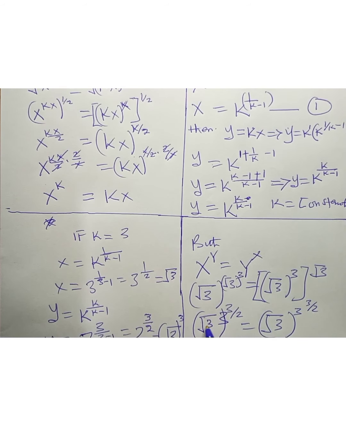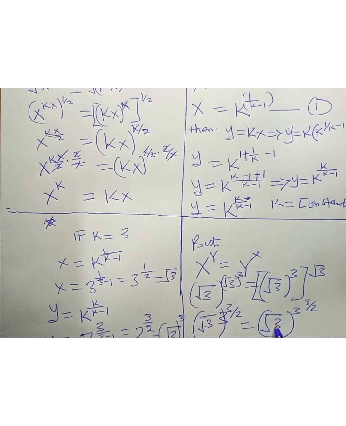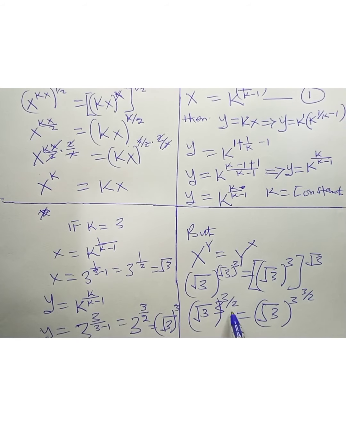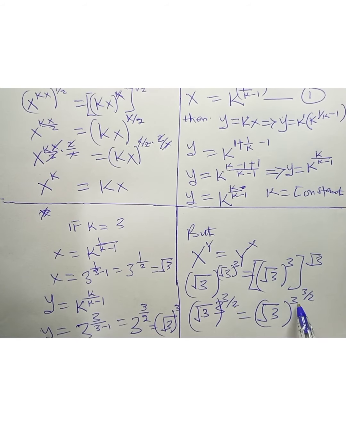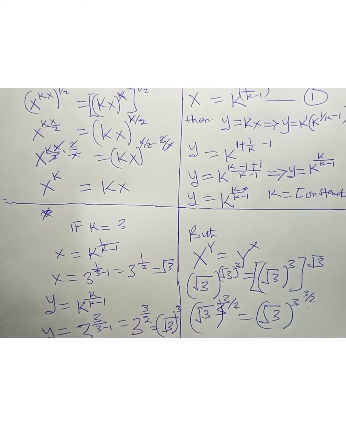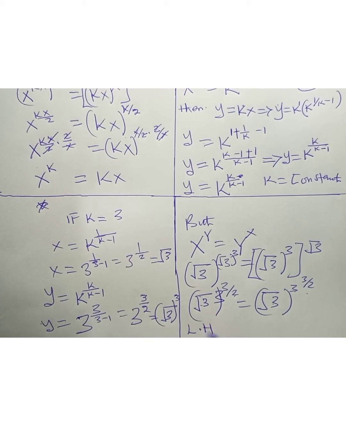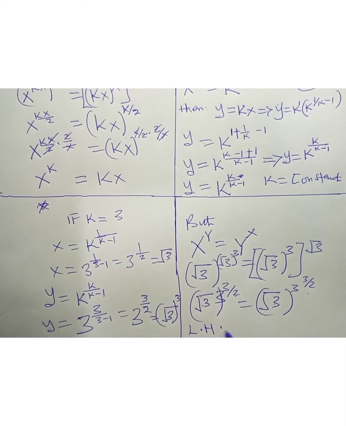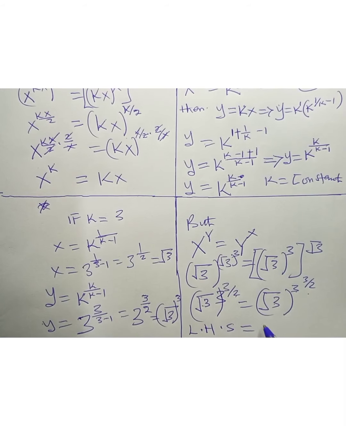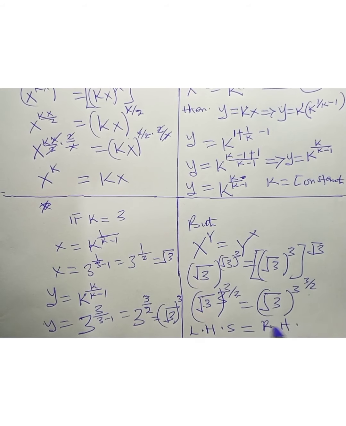So if we now compare, we have cube root here, we have cube root here, then 3 raised to power 3 over 2 on both sides. We now say that the left hand side is equal to the right hand side.